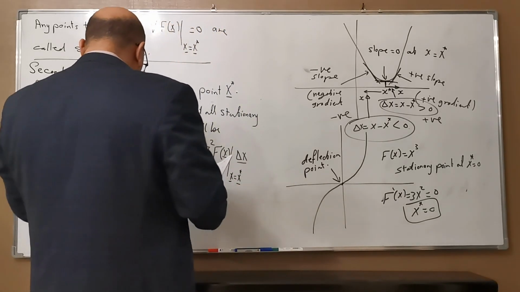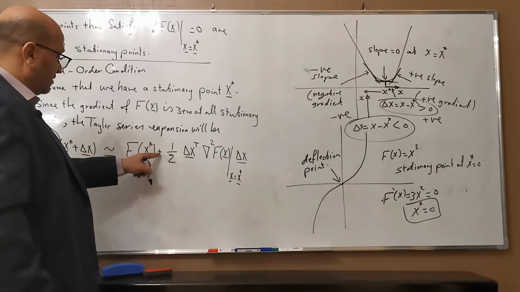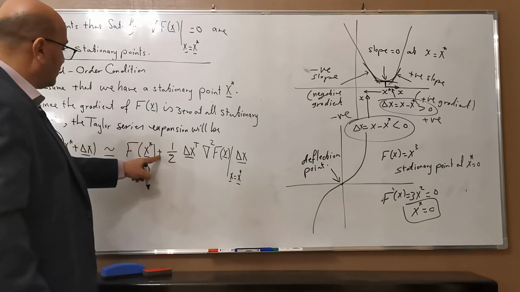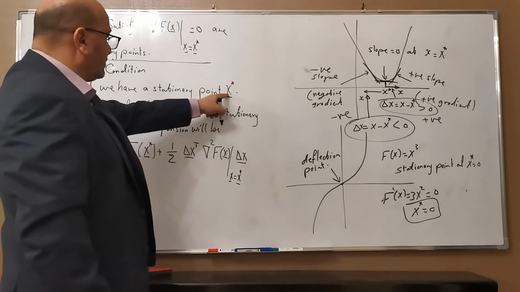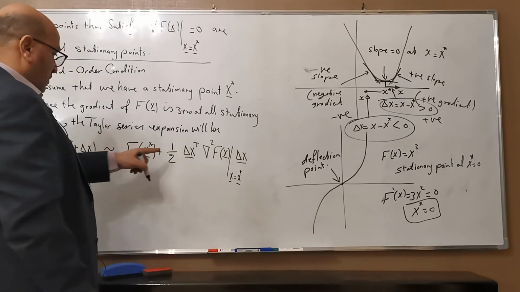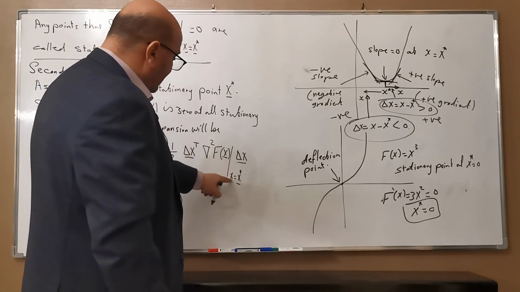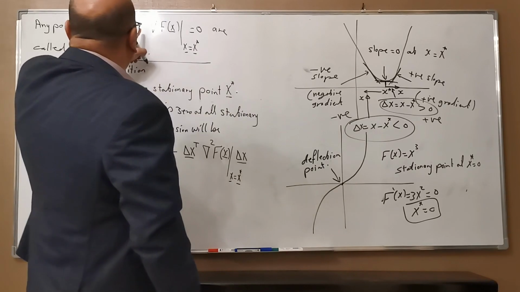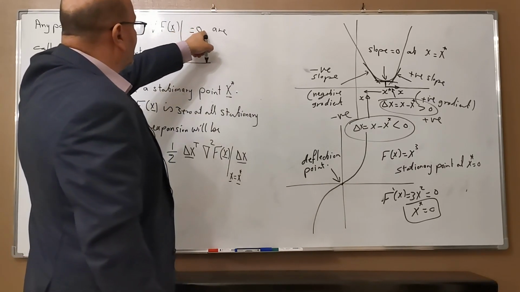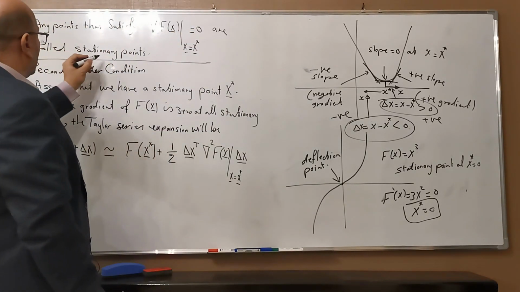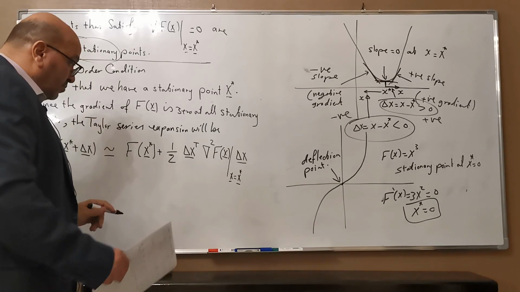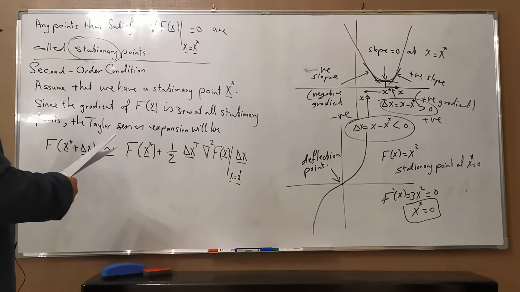Okay? The gradient term is equal to 0 because we are evaluating the gradient at x equals x star, and the gradient is equal to 0 at all stationary points. Okay.